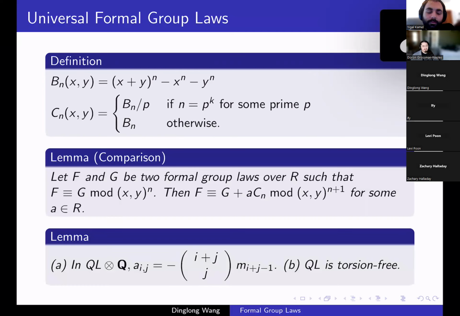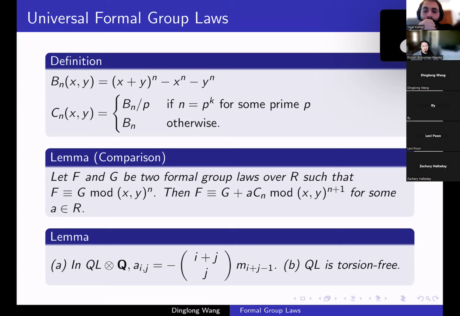These two lemmas are really important. The first one is the comparison lemma, which says that if f and g agree on the first n-1 degree terms, then if you relax it a little bit, they don't vary too much. Actually there's an extra term which is a linear multiple of C_n.